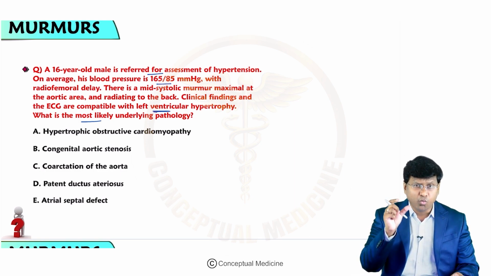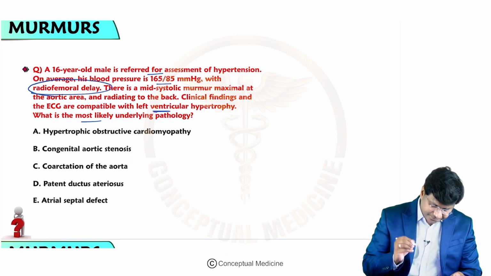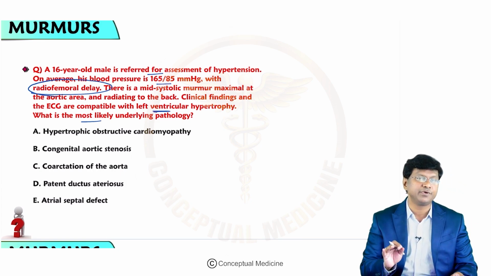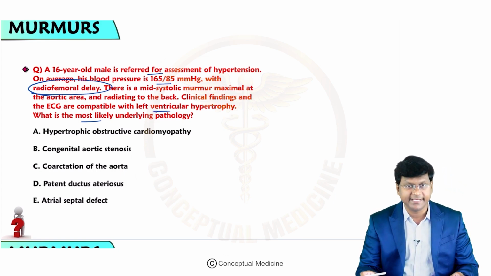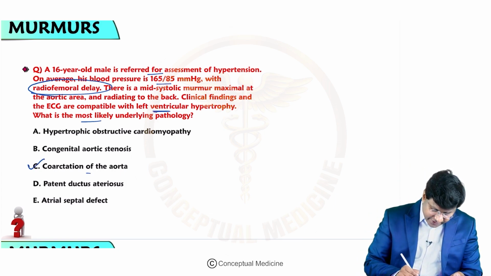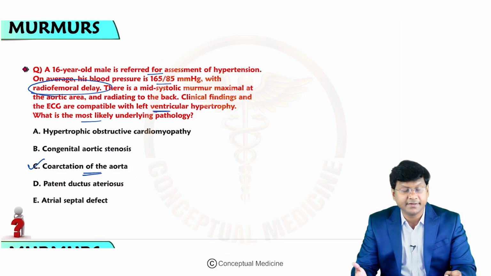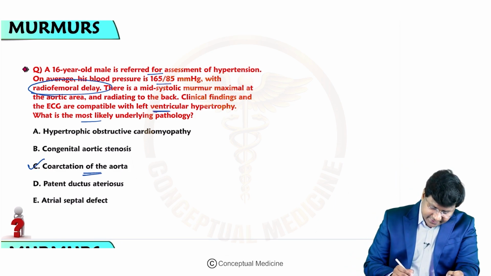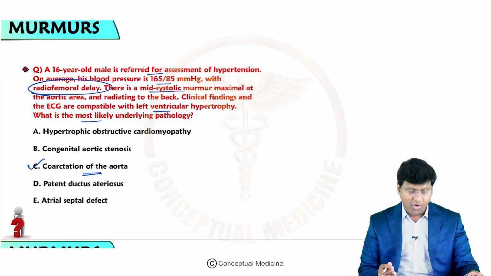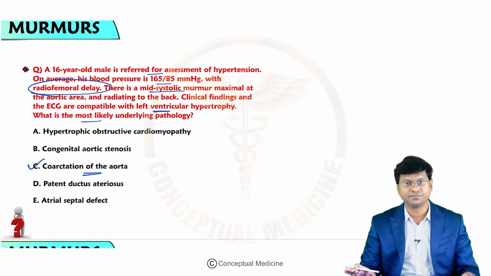So, if you take one important point, that is the radiofemoral delay, that is suggestive of the coarctation of aorta. And in coarctation of aorta, depending upon the severity of the stenosis, you can have either a mid-systolic murmur or you can have the continuous murmur also.